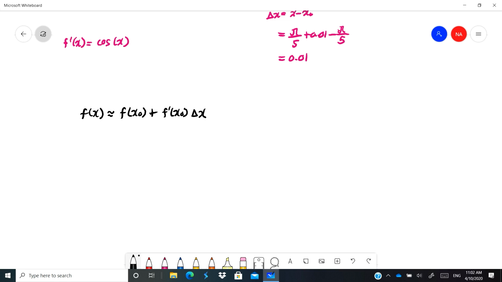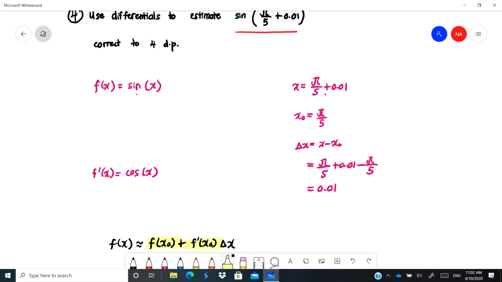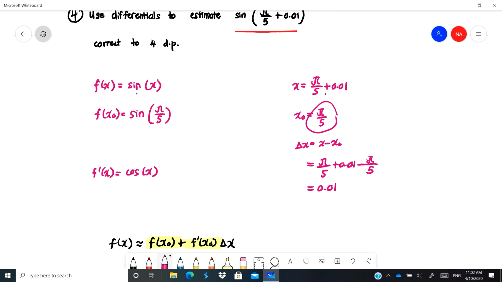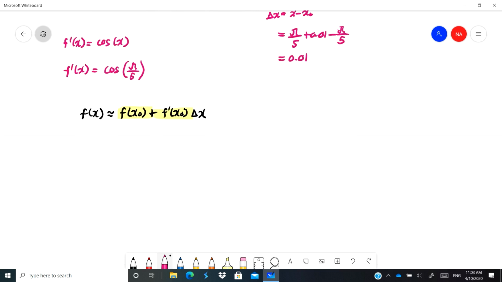So we have to find f(x naught), where x naught is pi over 5, so we need the sine of pi over 5. The same goes for f prime of x naught: we need the cos of pi over 5. Please set your calculator into radian, not degree.